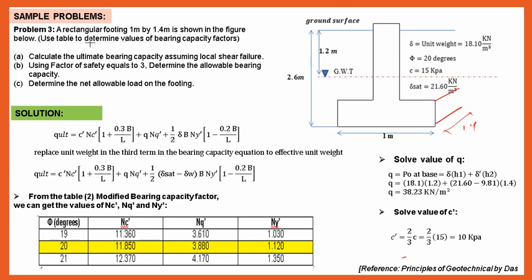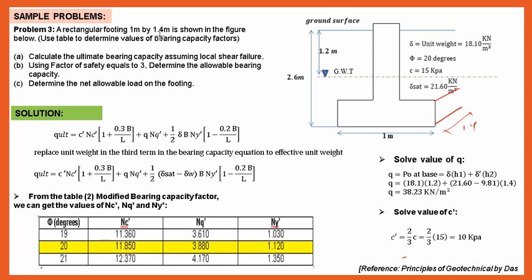And then, assuming local shear failure, kaya yung equation natin is the equation doon sa local shear failure under rectangular footing which is equivalent to this equation. We have C prime times 1 plus 0.3 B over L plus Q times N Q prime plus 1 half unit weight times B N sub Y prime times 1 minus 0.2 B over L.